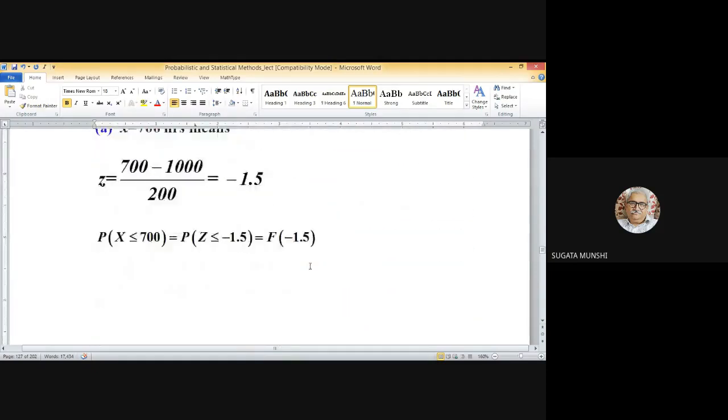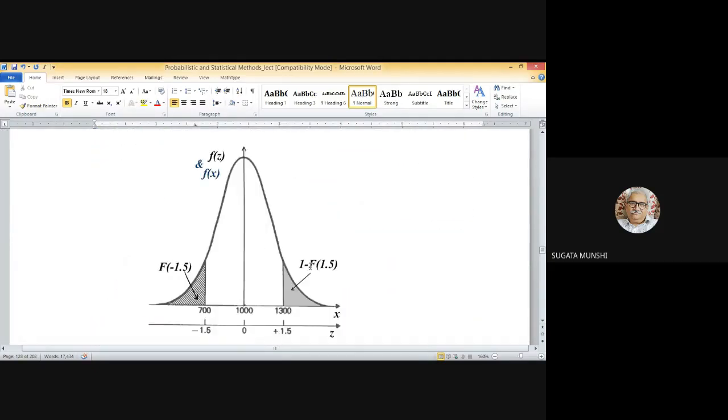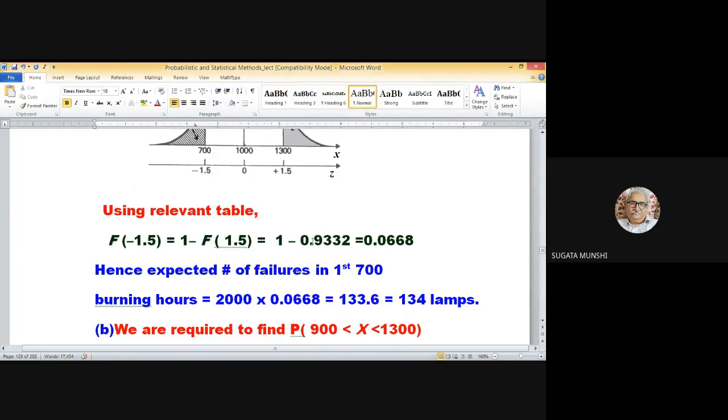So I have placed here 0.9332, and 1 minus 0.9332 means 0.0668. Therefore, the expected number of failures in the first 700 burning hours is 2000 times this fraction, which comes out as 133.6. That means 134 lamps.